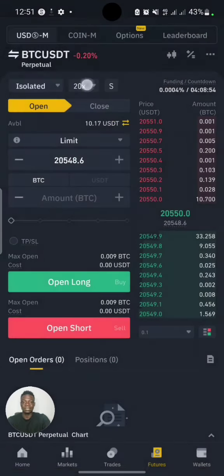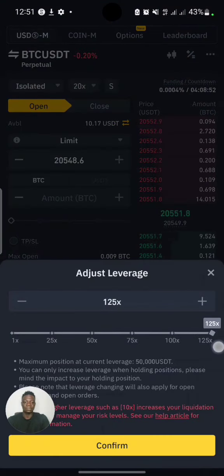I can leverage on Bitcoin with 125x, meaning I can multiply the amount of money I have by this number. The $10 I have, I can multiply it by 125x and trade with it. Now it will magnify my profit or magnify my losses.